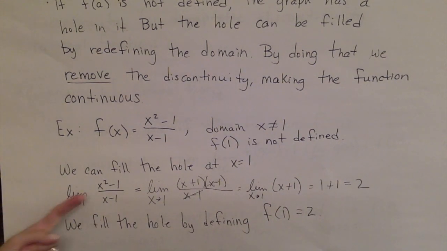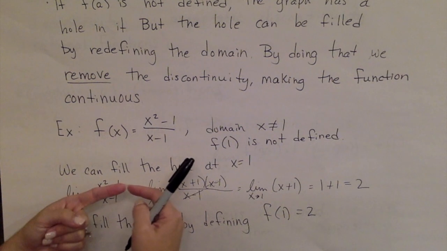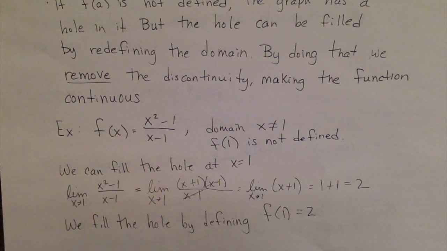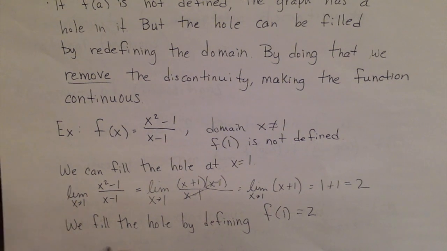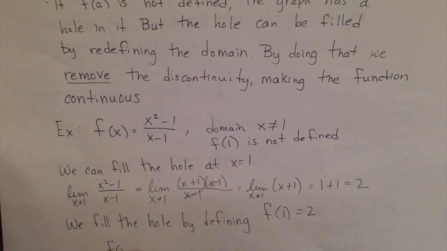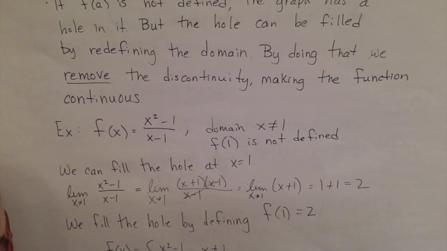Okay, so that the limit as we approach 1 from the left and the right, because this is just a limit in general, is 2. There's a hole there, but then we fill it in, and we have our function. So we might say something like f of x is equal to x squared minus 1 over x minus 1, x is not equal to 1, and it's equal to 2 when x equals 1.